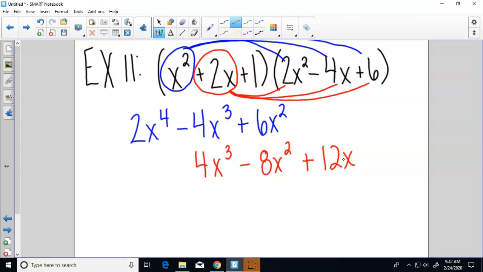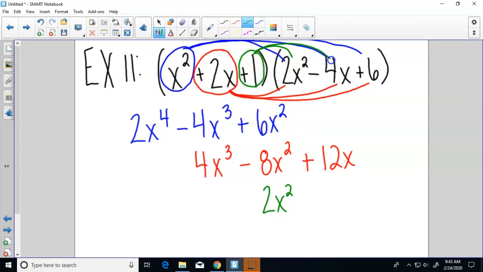But we're not done because we still got this 1 right here that has to be distributed. So I've got to distribute the 1 to everything in the 3rd parenthesis. So 1 times 2x squared is 2x squared. And notice right there, I lined it up with the x squareds.